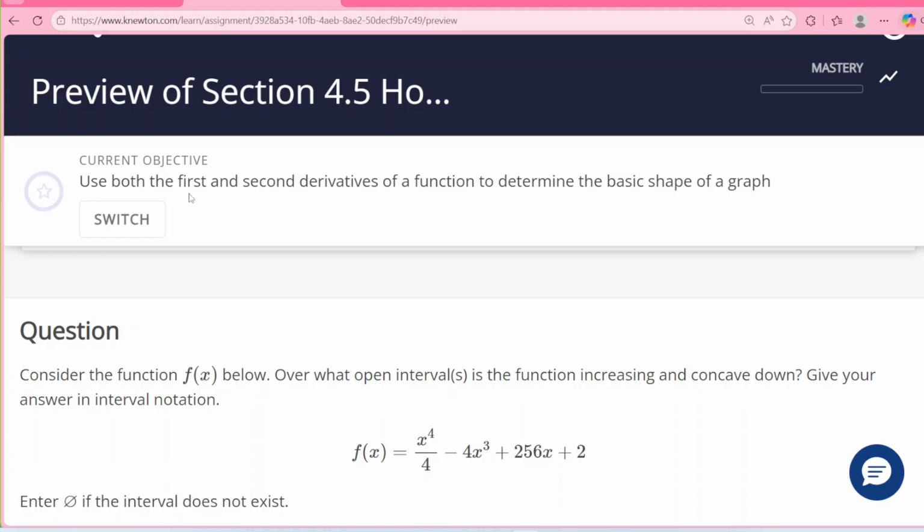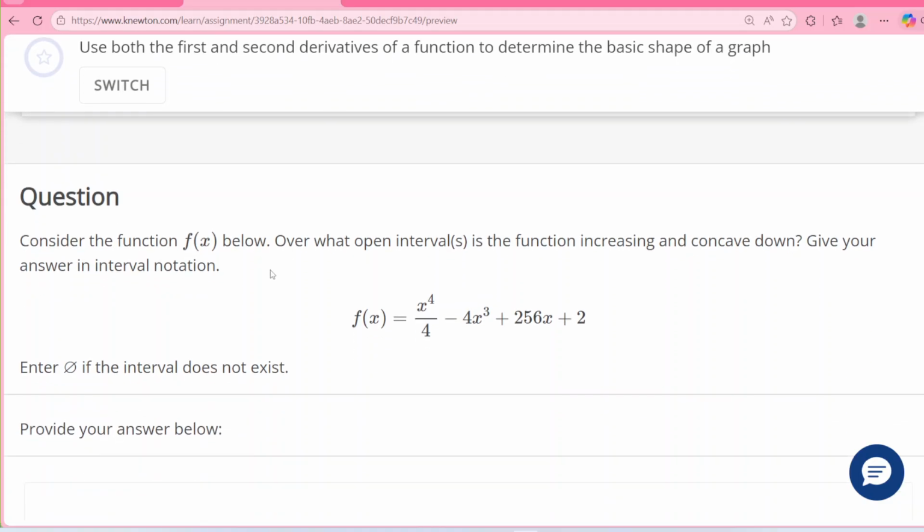Remember the first derivative will tell you where a graph is increasing or decreasing, going up or going down as you move from left to right. And remember the second derivative tells you the concavity of a graph, which way it's curving. Is it concave up or concave down?